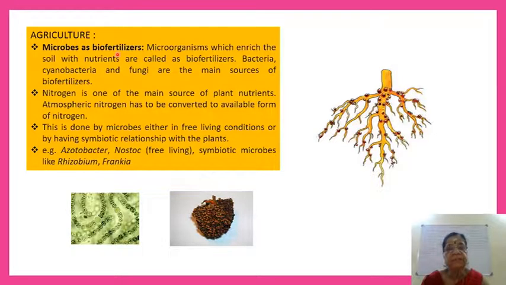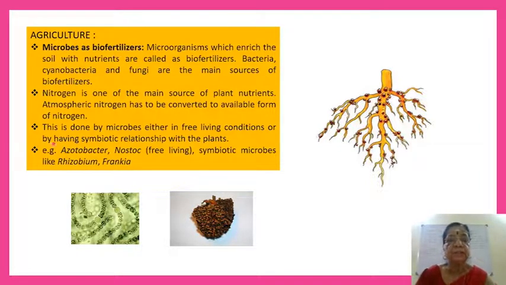And all these consumers finally form the dead and decayed matter that forms the decomposers and that is converted into soil nutrients. That is mainly by the bacteria, cyanobacteria and some saprophytic fungus. We have studied that, that is biofertilizers, right?